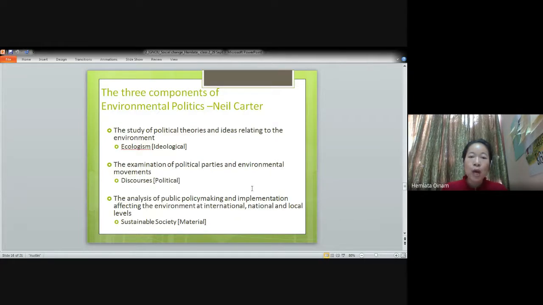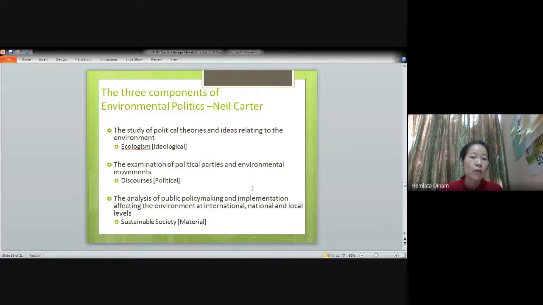So when we talk about this, to further understand how environmentalism could help in bringing a sustainable decision is also very much dependent on environmental politics. For that, we can take the help of Neil Carter's three approaches to understanding environmental politics.